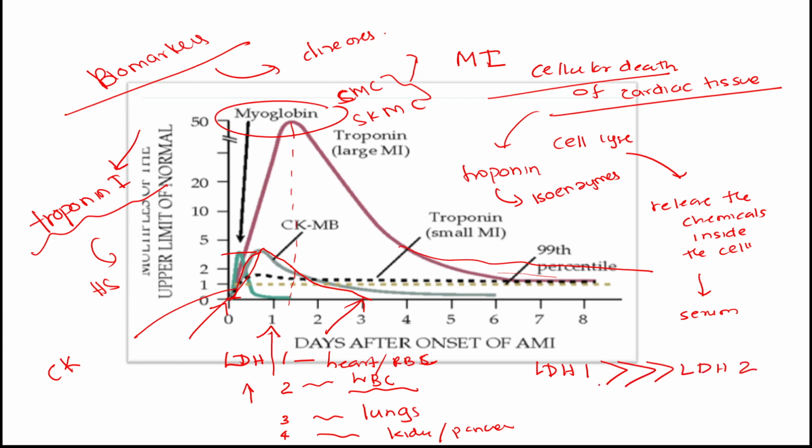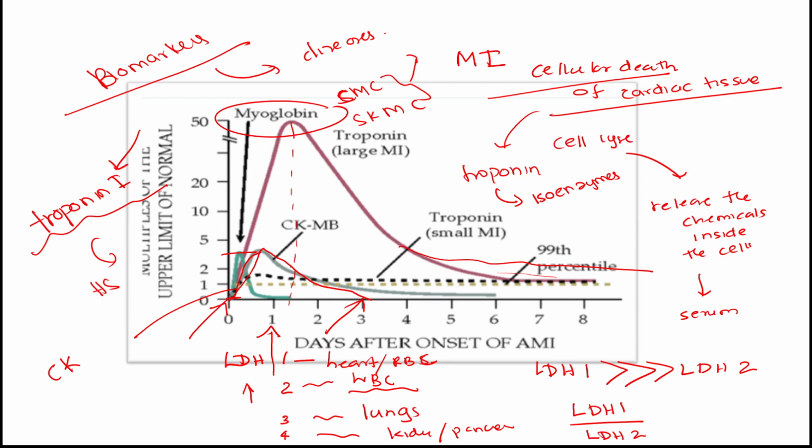This is because LDH1 is present in higher concentrations in heart cells rather than other cells. People who have hemolytic anemia, who have hemolysis, will also show high levels of LDH1 and 2. But the LDH1 to 2 ratio would be very specific for myocardial infarction.